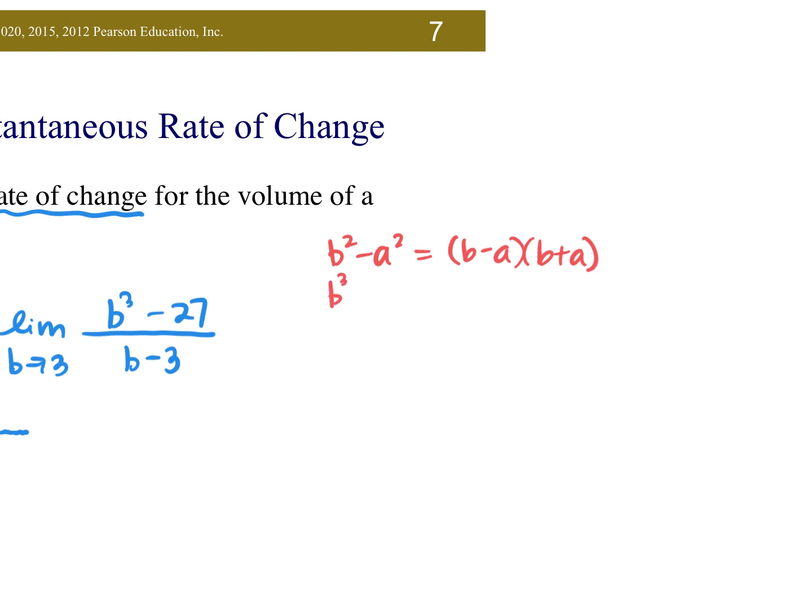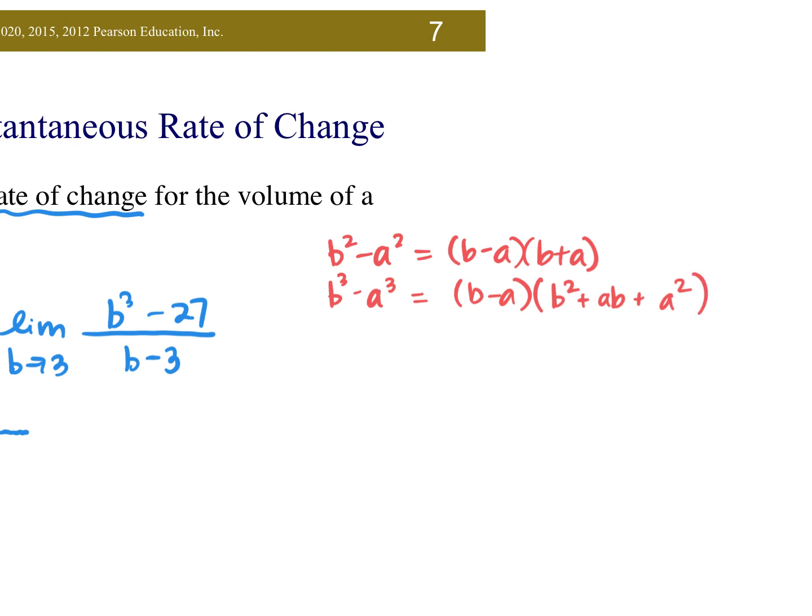The difference of cubes, if you have b cubed minus a cubed, it still starts with b minus a. That's the format. But the rest of it is all positive. It's b squared at the beginning, a squared at the end, and ab in the middle.